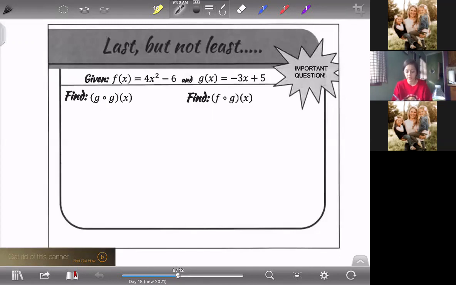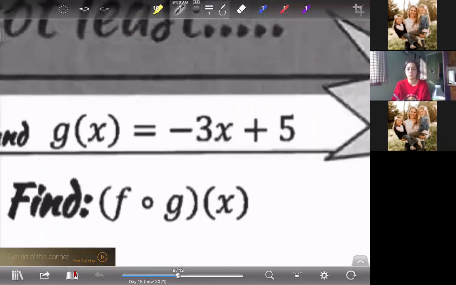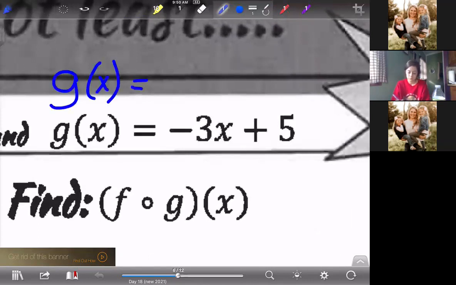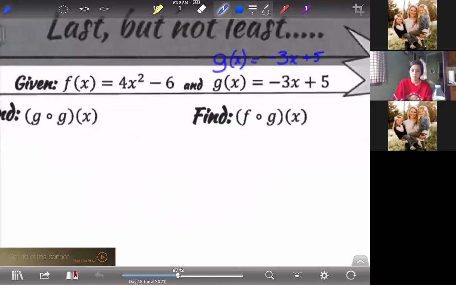Well, we only have one g, right? First thing I suggest you do is write g of x again. Because we're asked to take g of x and plug it into g of x. So we're taking g of x and we're going to plug it into g of x again.